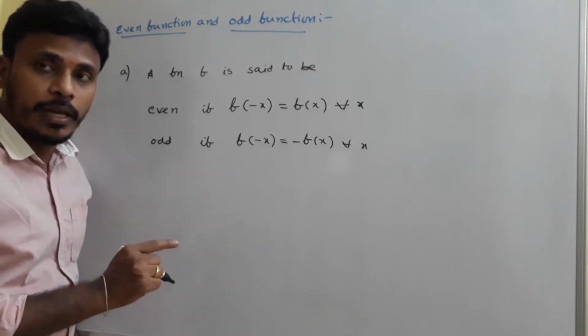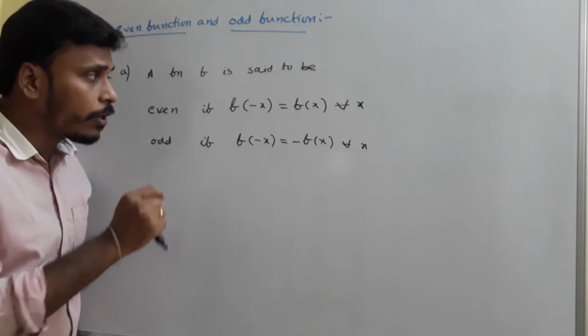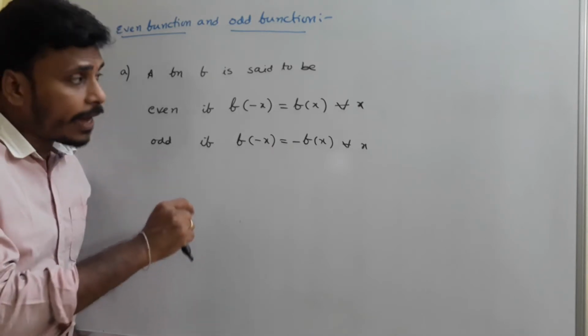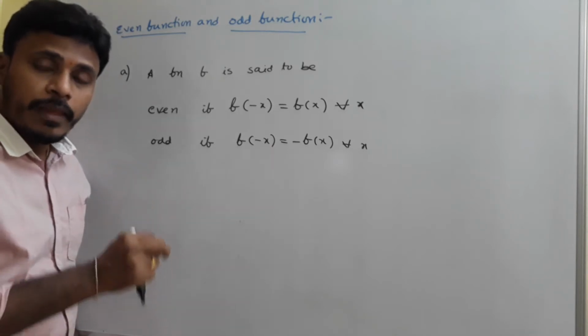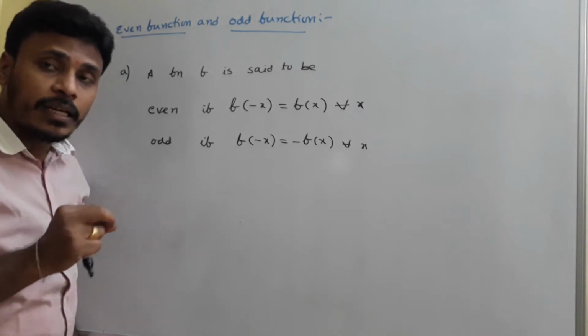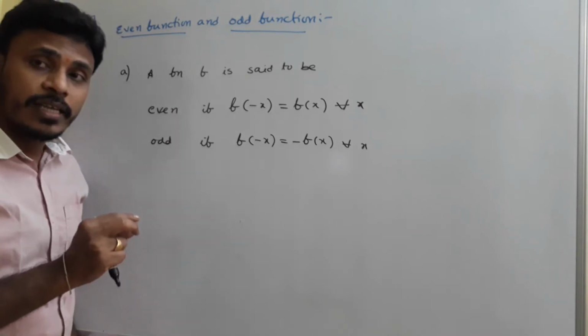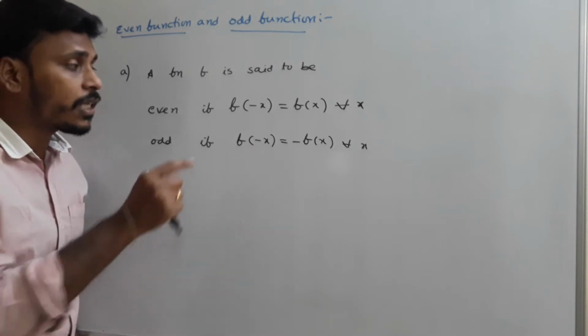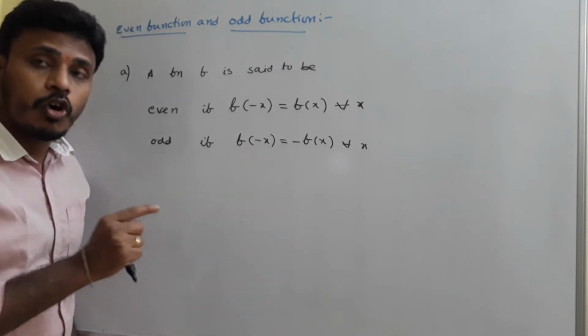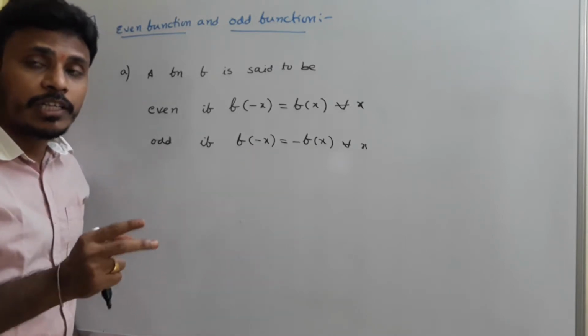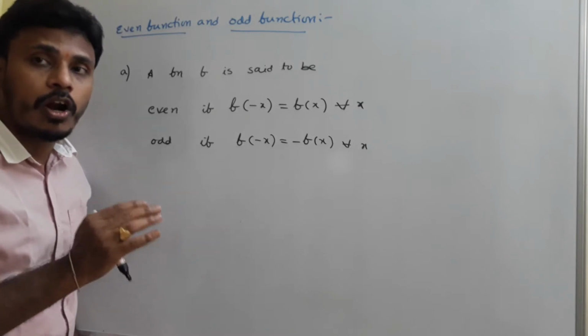So when your input is minus x, and you observe the output, if that output is directly equal to f of x, we say it is even, and if it is equal to minus f of x, we call it odd, or otherwise we call it neither even nor odd function.